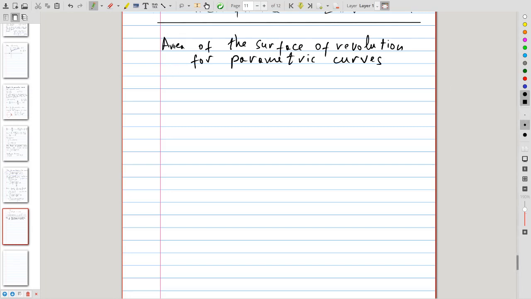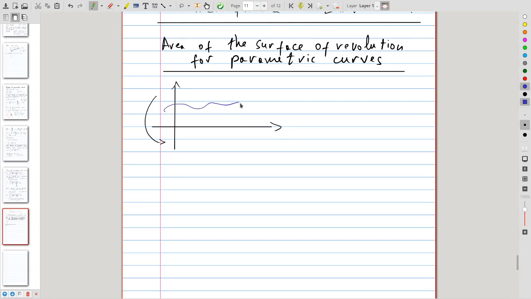Right, so let's recall what was the situation with regular curves. We had, say, a curve that was rotated about, for example, the x-axis, like so, and the curve looked something like this.